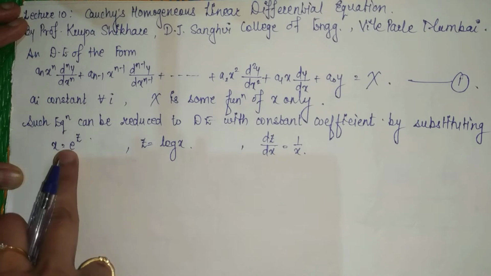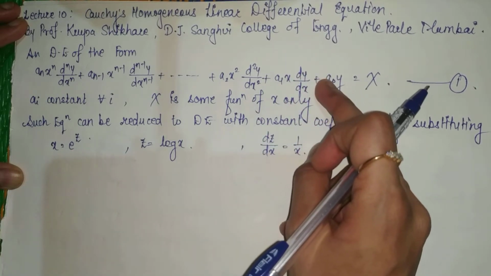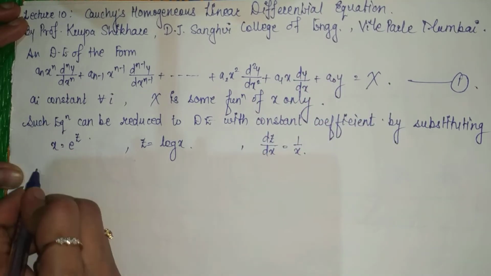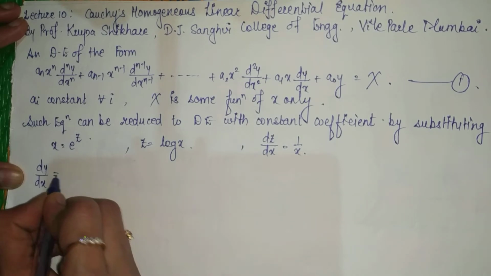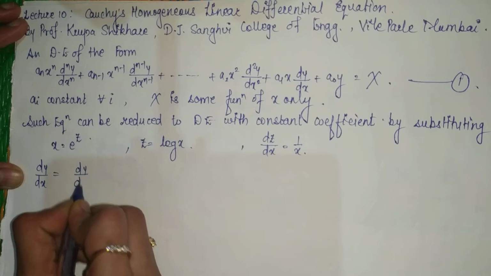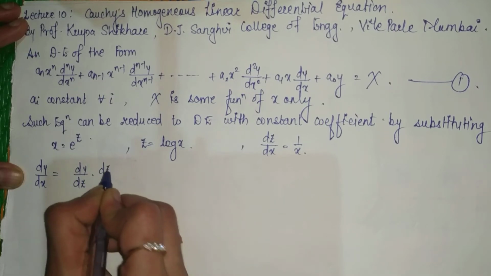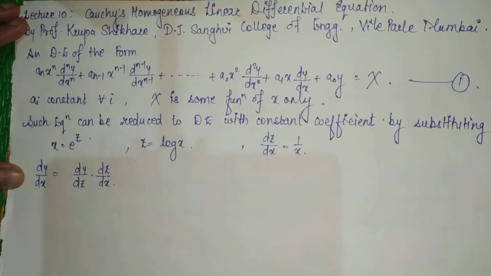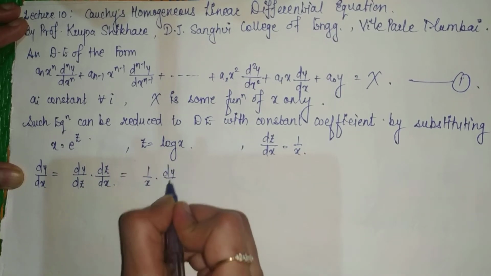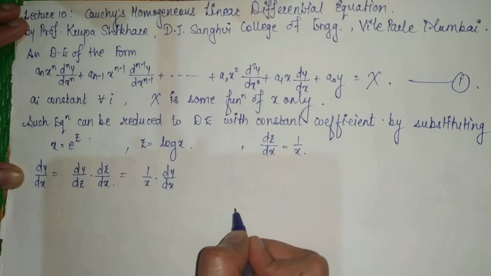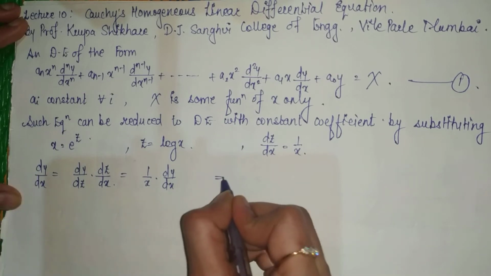Now I have replaced x in terms of z, so definitely I need to replace this operator dy by dx also. So let's consider dy by dx. We can rewrite this using the chain rule as dy by dz into dz by dx, and we know dz by dx is 1 by x, so dy by dx is 1 by x into dy by dz.